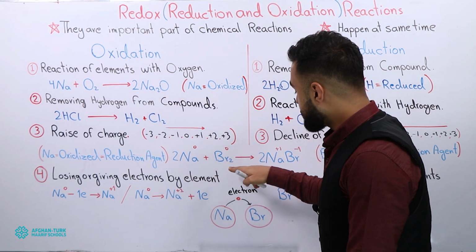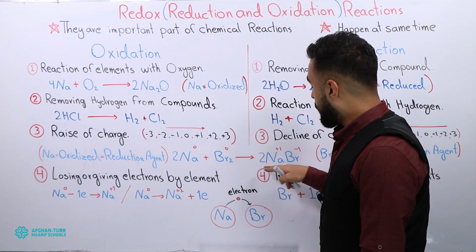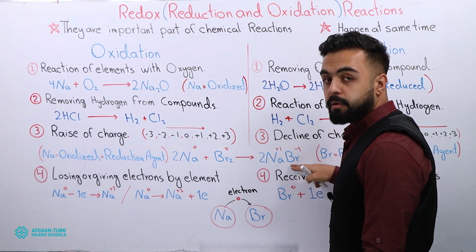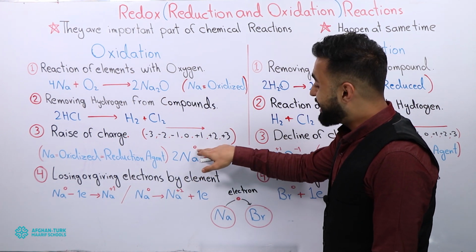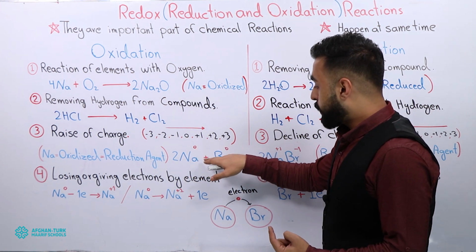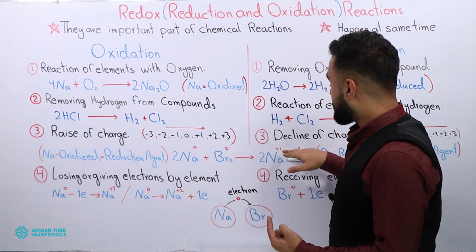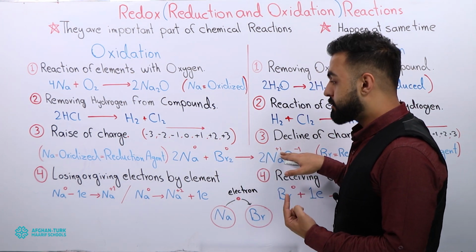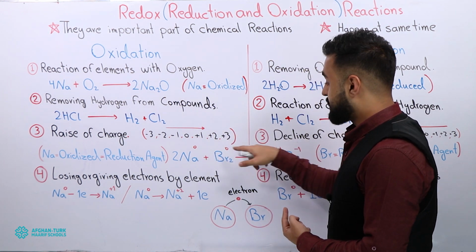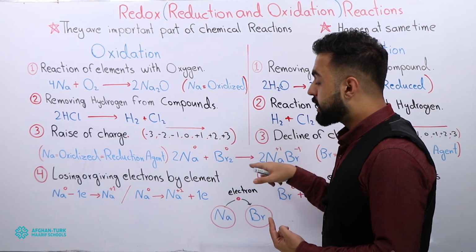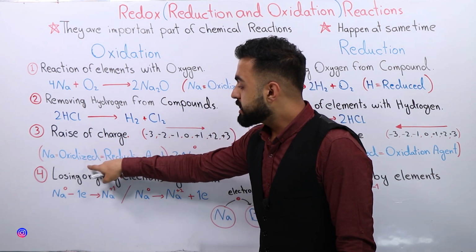So here we have an example. Sodium reacts with bromine, and we have here sodium bromide. So what happened? The charge of sodium here is 0, and when it reacts with bromine, the charge is positive 1. So the charge is increased from 0 to positive. Now sodium is oxidized.